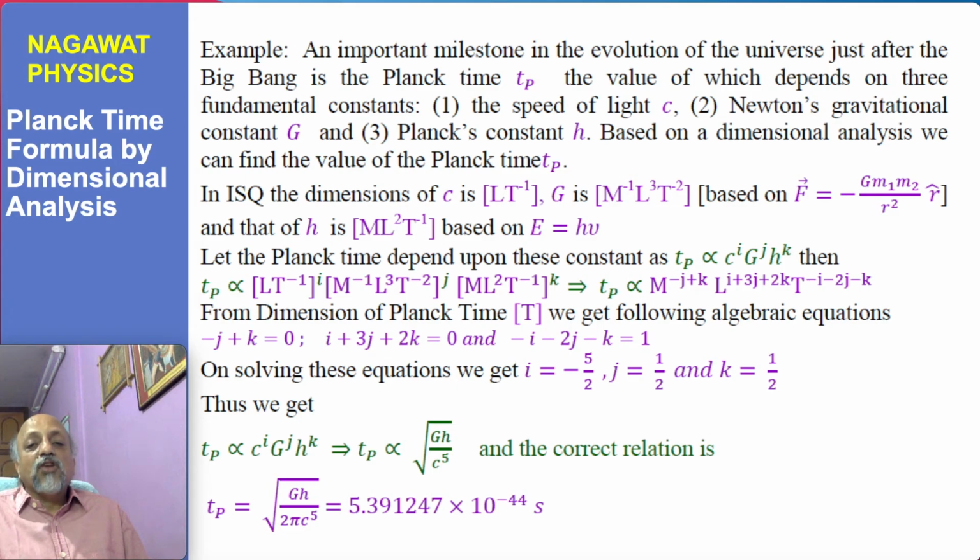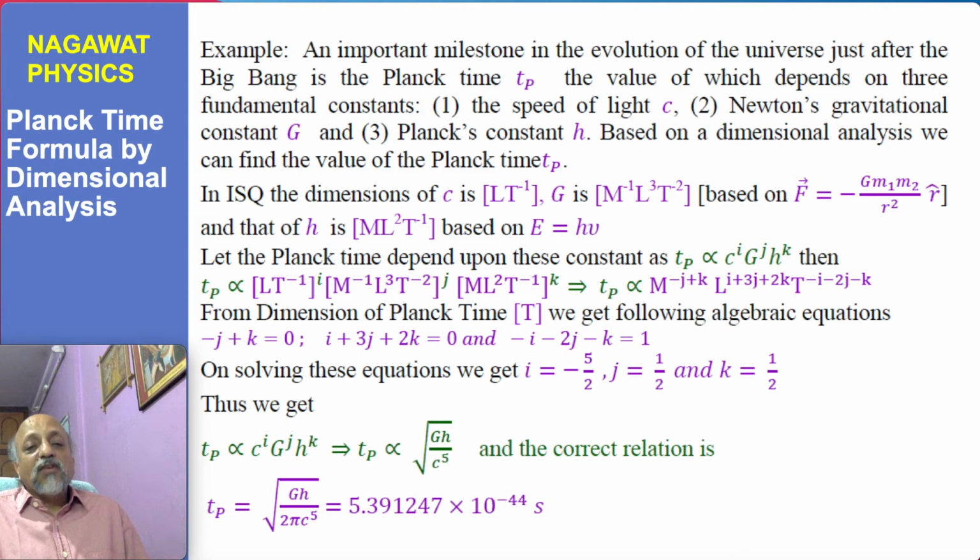So the dimension of G works out to be M raised to power minus 1, L raised to power 3, T raised to power minus 2. And similarly, from the relationship energy E equals h nu, and the dimension of nu is 1 upon time, and the dimension of energy you know is M L squared T raised to power minus 2, you can find the dimension of h is M L raised to power 2 T raised to power minus 1.